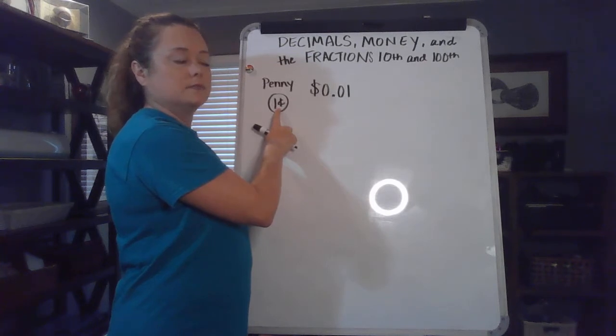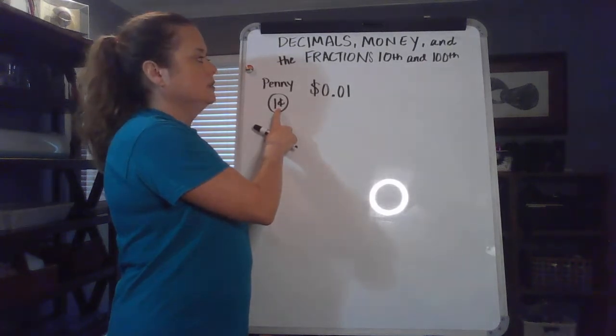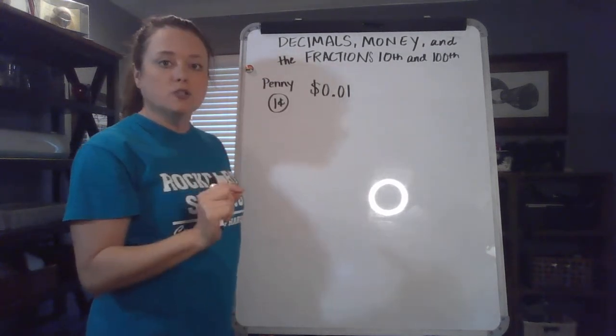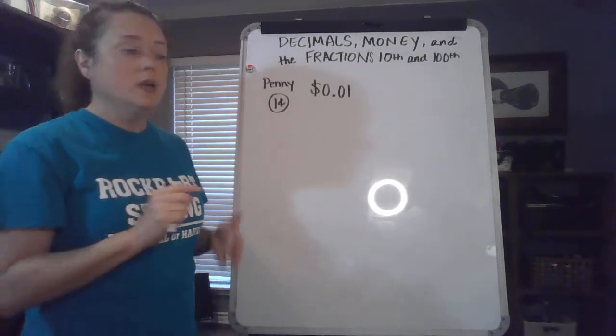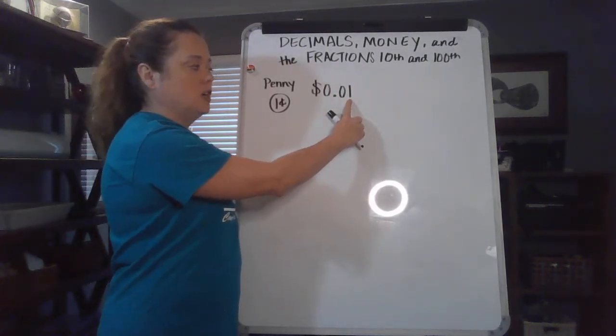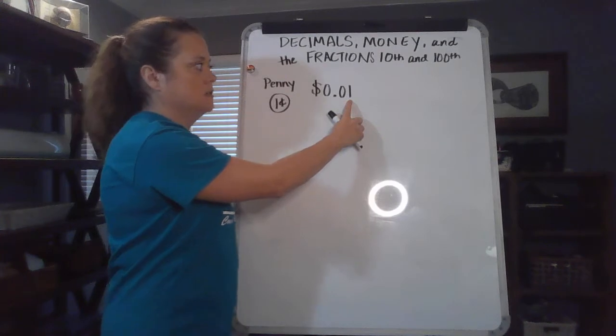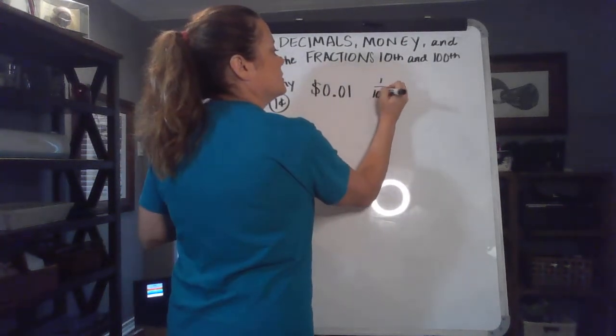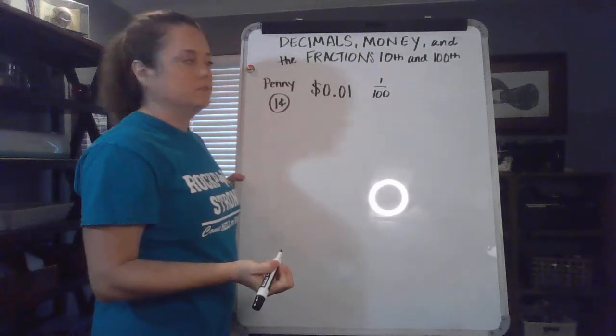Now, if I want to write that 1 cent like money with the cent sign, I'm going to write it like this. Now, 1 penny represents 1/100th of a dollar. That's the whole point, that this is 1/100th of a dollar. It takes 100 pennies to make a dollar. So I can represent that like this, 1/100th.